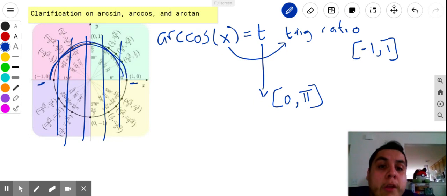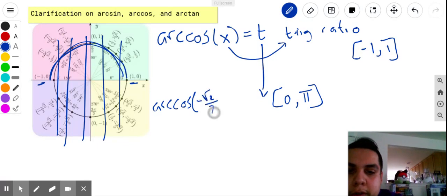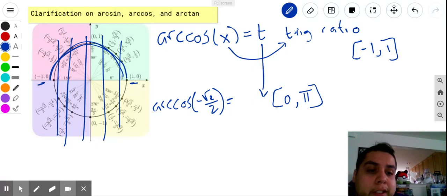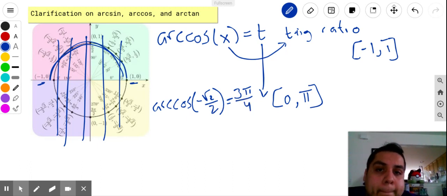Okay. So let's say we had to figure out what arc cosine of negative radical 2 over 2 was. If you type this in the calculator, it's going to spit out an answer between 0 and pi, and the one it would spit out, once you convert it, would be 3 pi over 4, right?